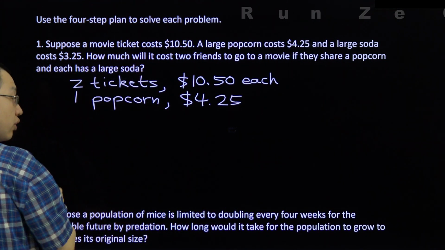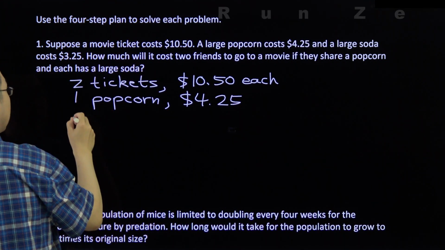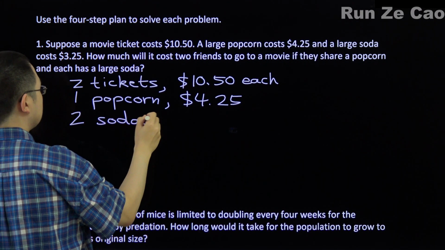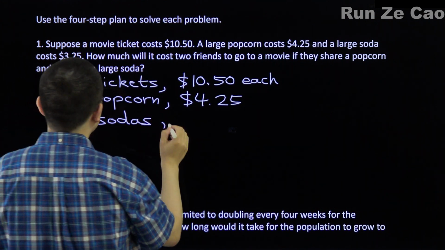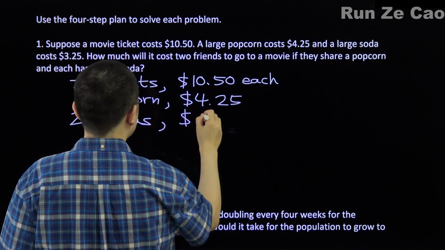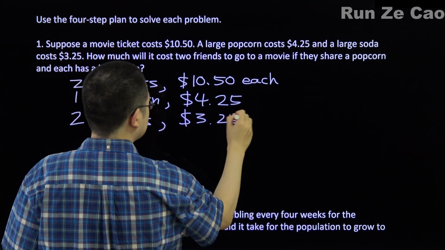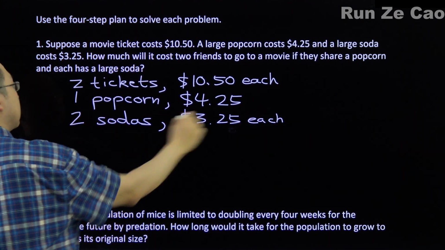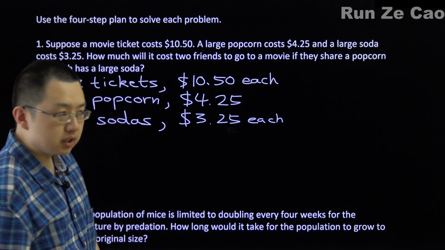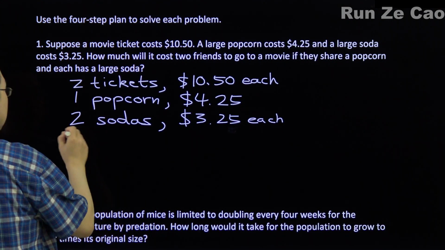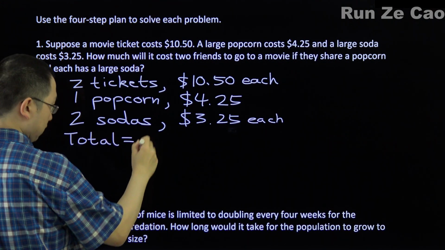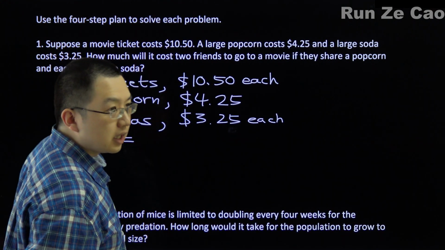Well, in this case, there's only one, so we don't need to put each. And 2 sodas at $3.25 each. So this is the given part. The required is total equals what? Question mark.